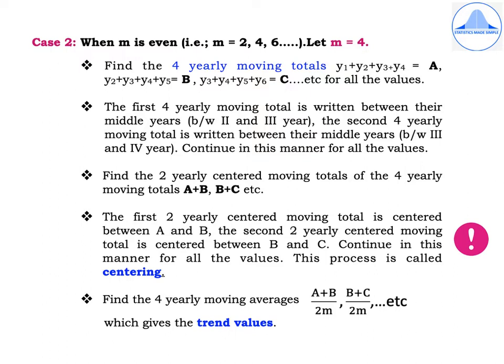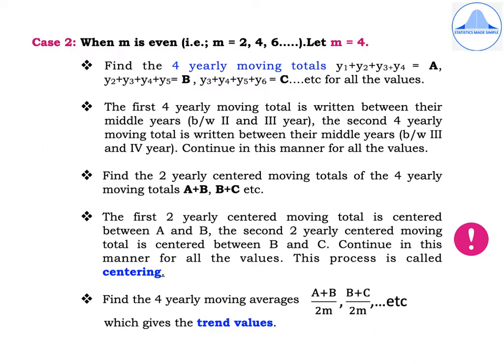Now, the first 4 yearly moving total is written between their middle years, that means between the second and the third year. Similarly, the second 4 yearly moving total is written between their middle years, that is between the third and fourth year. Continue in this manner for all the values.